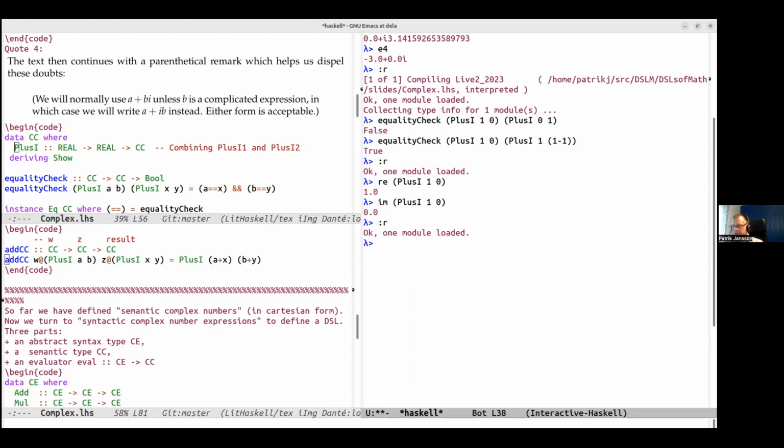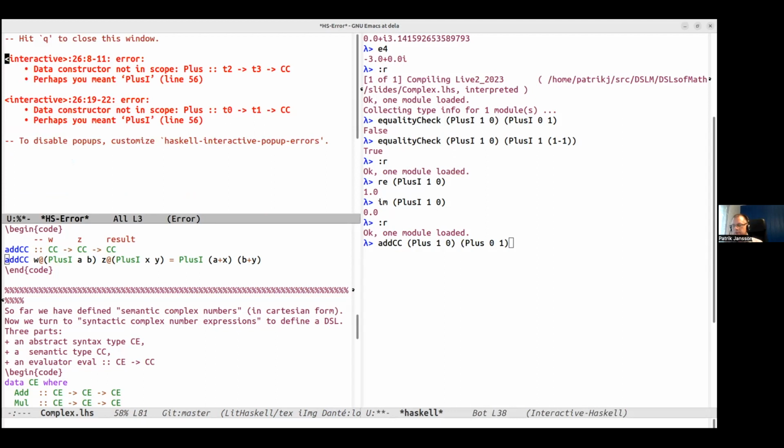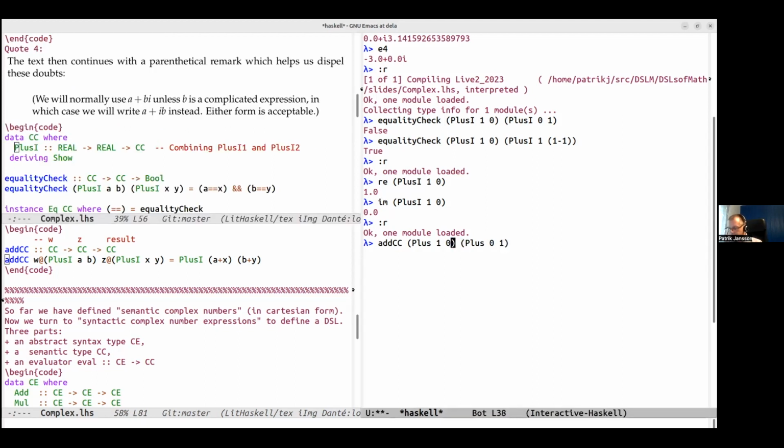Okay, let's now try this. We have add CC of plus I 1 0, plus I 0 1. I forgot it was called plus I in both cases. So if you add plus I 1 0 with 0 1, we get plus I 1 1.